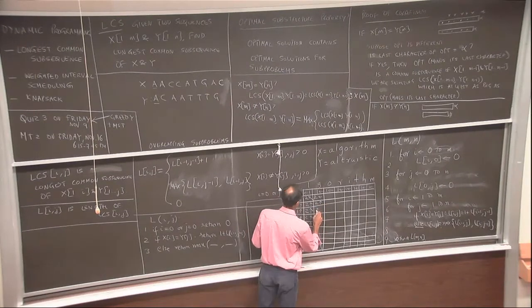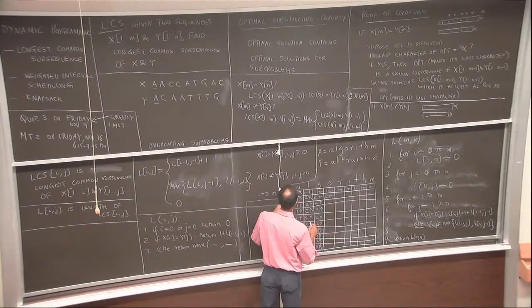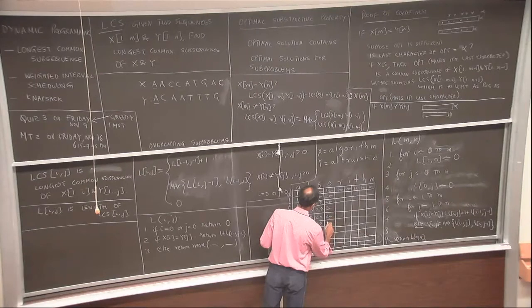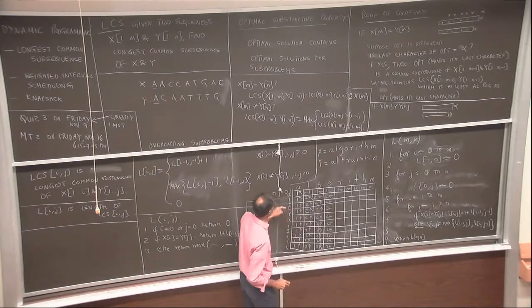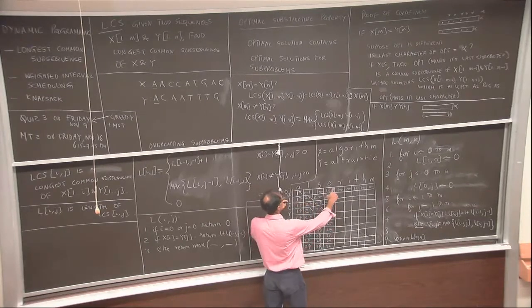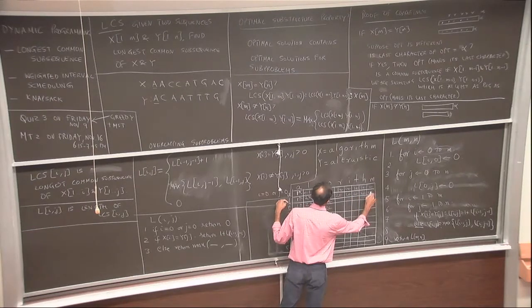R and G, G and U, G and I. Okay, L and O. Okay, L and R. So everything here, L does not match with anything, so all of these would be this.